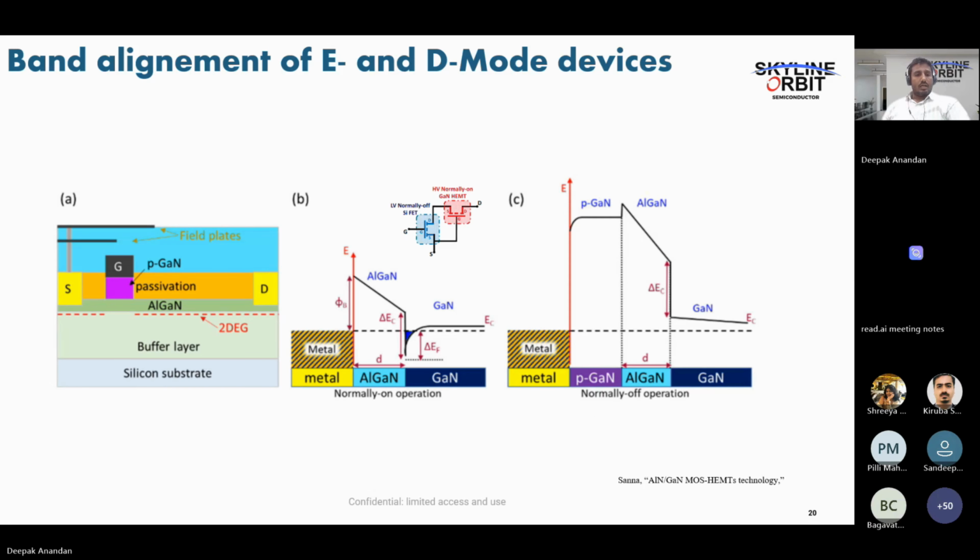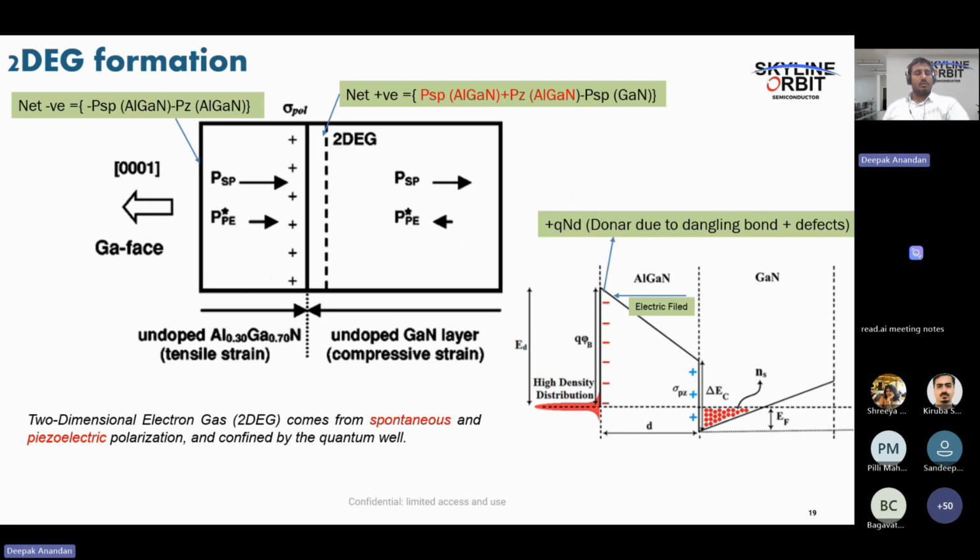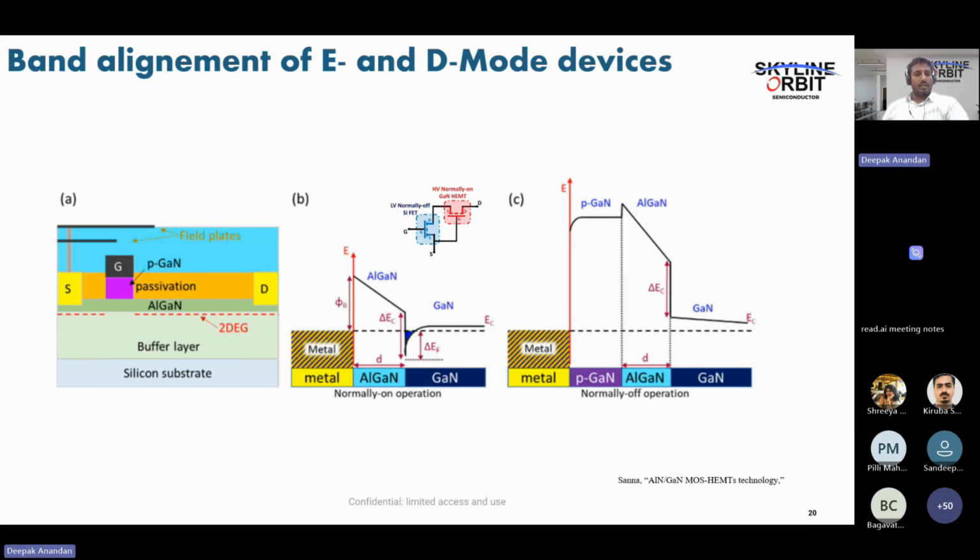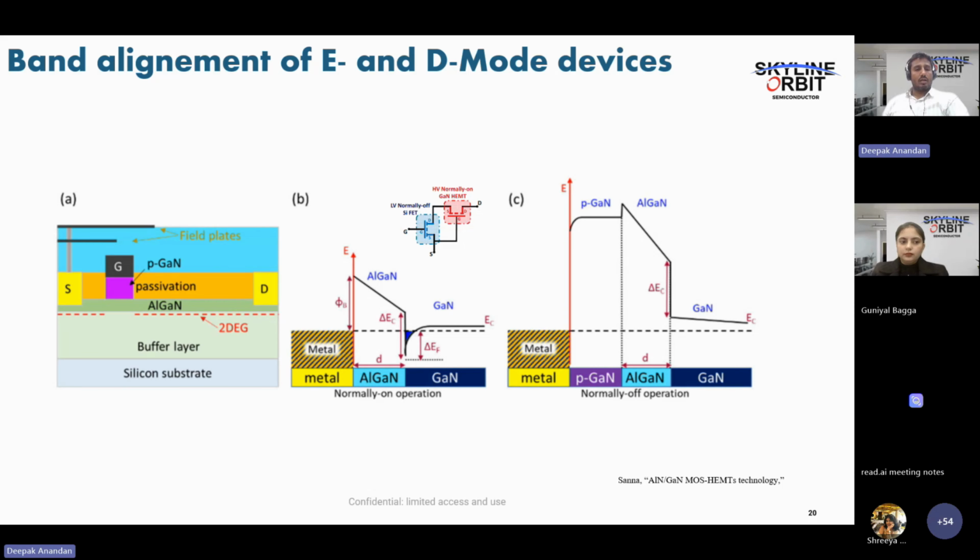The previous structure is basically a normally on device. It means you have to apply negative bias in order to make it off. That's called depletion mode, normally on devices. In order to make the device normally off, there is a technique called normally off operation.